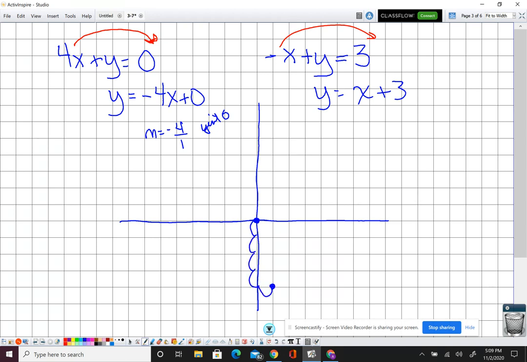We're always going to move to the right, and we let the sign of the slope determine whether we go up or down. So there's that line. This other line has a y-intercept of 3 and a slope of 1. I am going to change the color now.